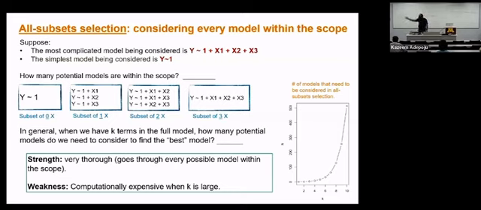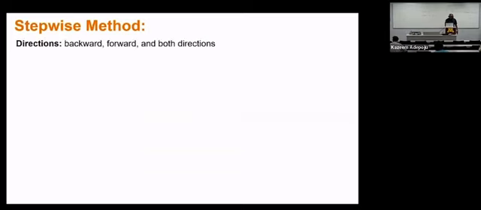Among these, we want to choose the best module. It has a strength: it gives us the opportunity to go through all the modules and figure out which one is the best. But the weakness is, what if the number of regressors is large? That would be expensive, going through all the modules. Does that make sense? Now we have another approach that we call the stepwise method.